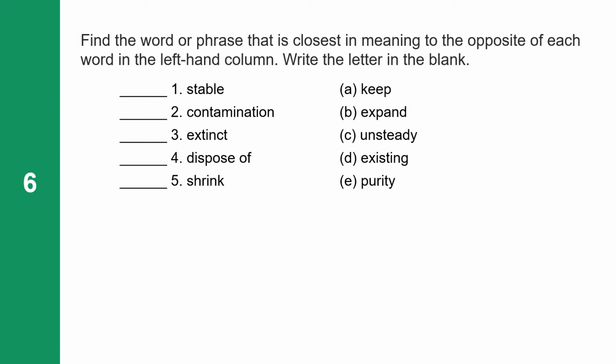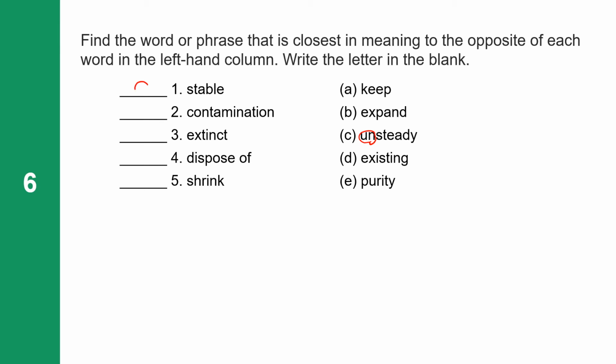Based on the words you have studied, find the word or phrase that is closest in meaning to the opposite of each word in the left-hand column. Write the letter in the blank. 1. Stable. Stable, not moving, steady. The opposite, unsteady. Un is negative, it's not steady.